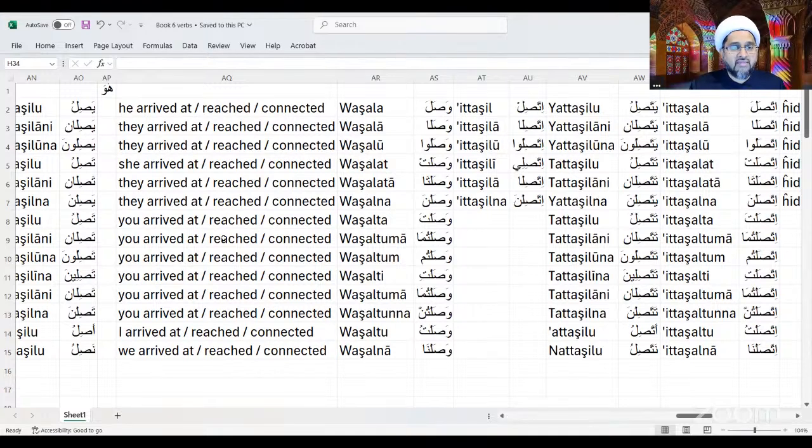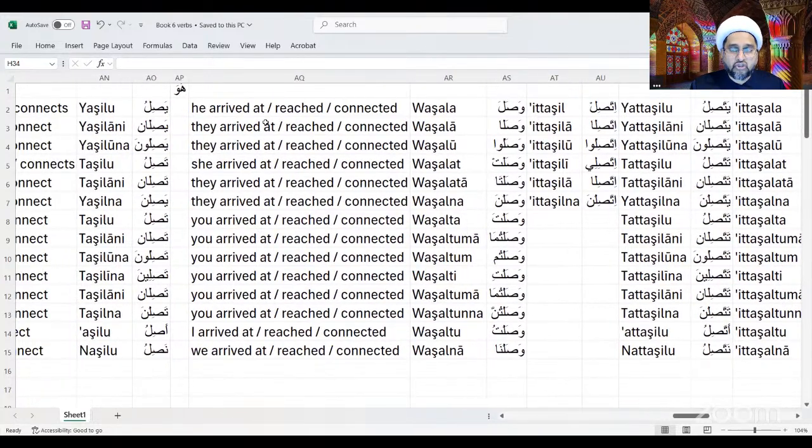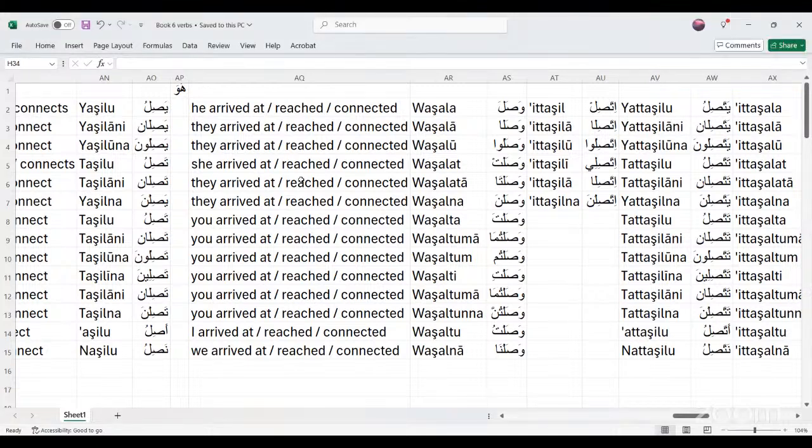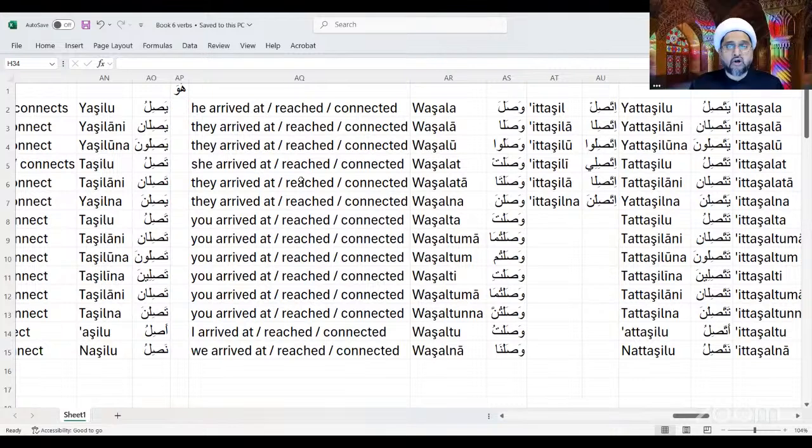Excellent. Then the present tense of this verb, wasala, the wa gets dropped, like wa'ada ya'idu. The present tense is yasilu. Can you conjugate the present tense, please?